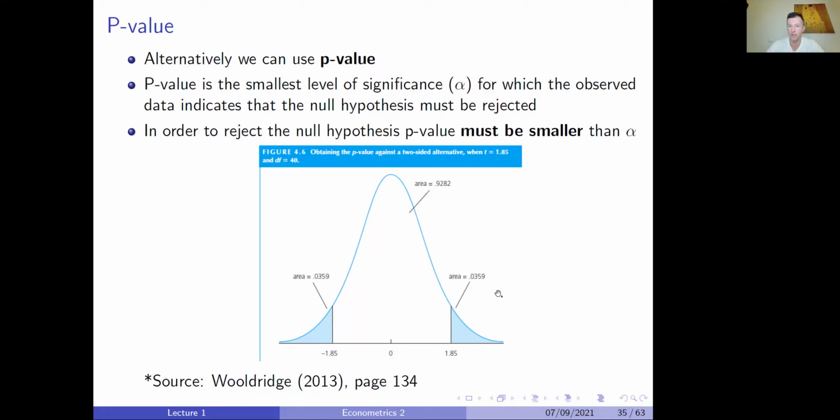So together it is something like 7.18%, and 7.18% is greater than 5%, so we cannot reject the null hypothesis at 5% level of significance in this case.